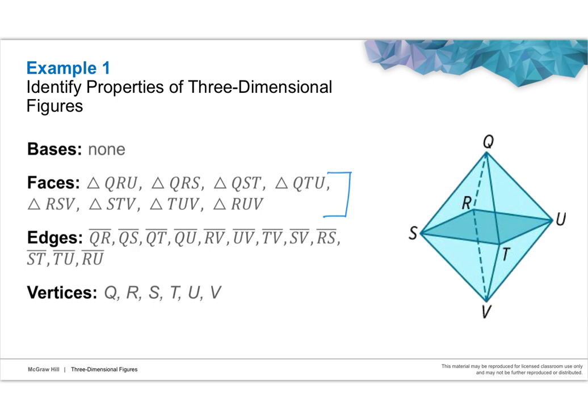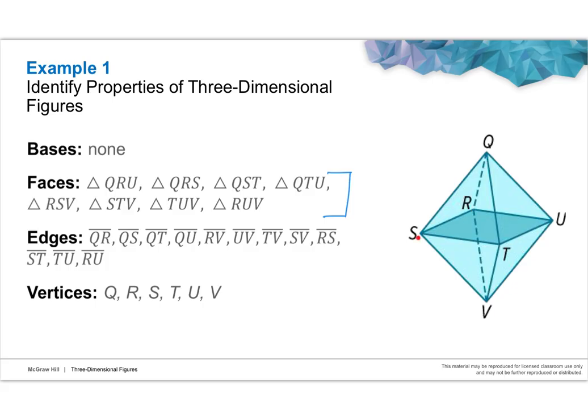The edges are going to be all of the places where our faces come together. So again, we can do this in a consistent and organized manner, starting at our vertex Q at the top, and going down each edge. QR, QS, QT, QU. Then we can also walk around the shape as well.